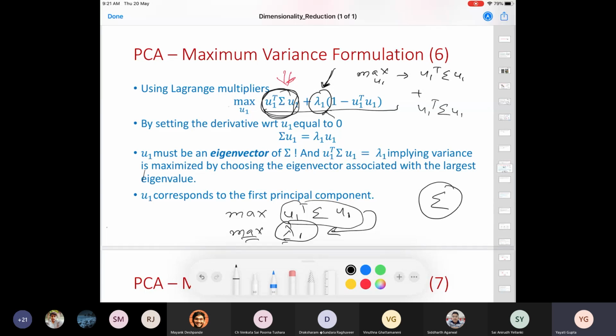We want to figure out an eigenvector whose eigenvalue is maximum. The whole proof that we just did boils down to this one statement: figure out the eigenvector which has the highest eigenvalue. This is what we end up getting.